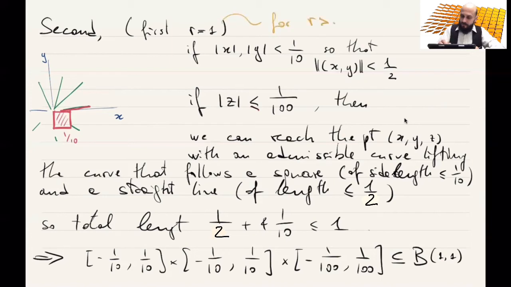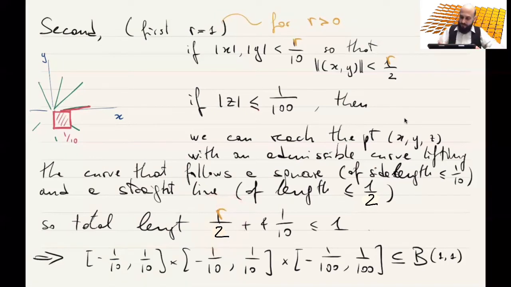For r greater than 0, let's take r/10, so the length is less than r, and the total length here will be r/10. And now what about the square?